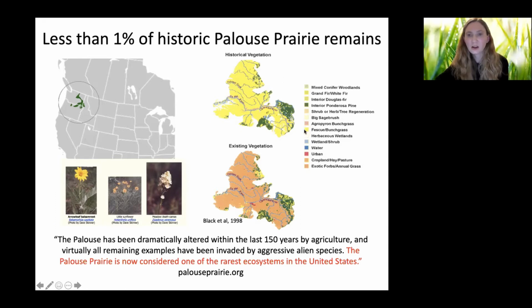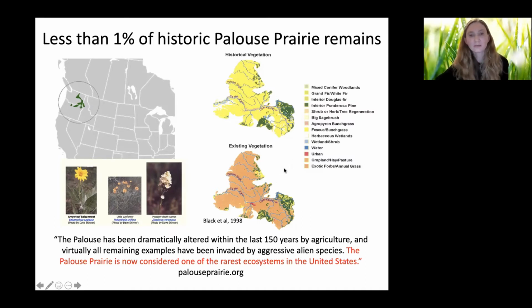In yellow, it was historically covered with native fescues and bunchgrasses. But since European settlement in the area, it's been converted almost entirely to agriculture. So the orange here is cropland, hay, and pasture, and a mix of exotic forbs and annual grasses. So it's really changed quite a bit.